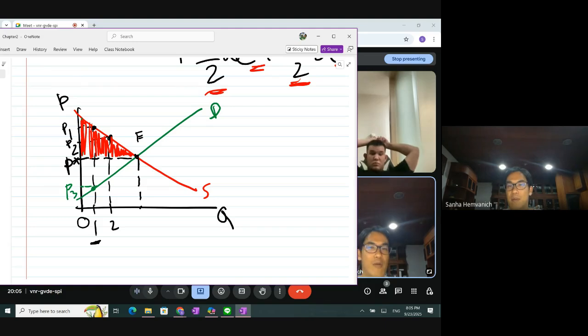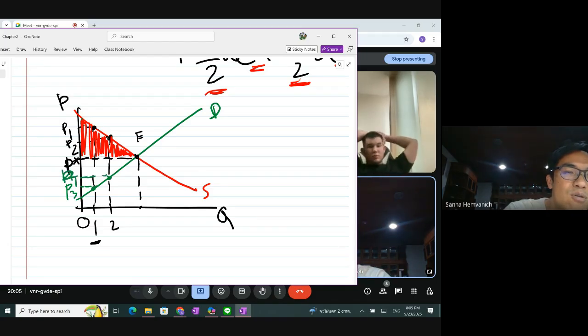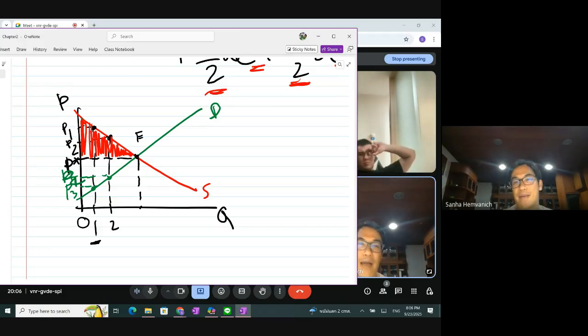So P3 will be my cost. What if I produce another unit, unit 2? Again, P4 will be my cost. And as I produce more and more units, my cost gets higher and higher, which is represented by the supply curve.